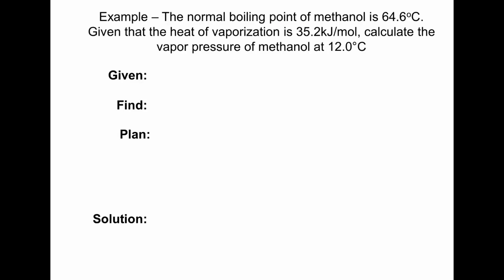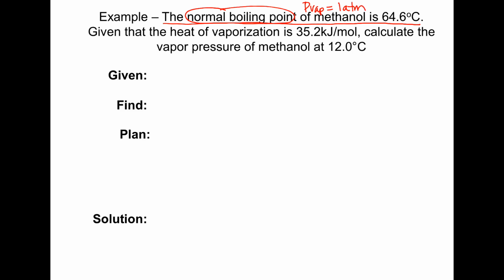So let's do a little example problem here. It says the normal boiling point of methanol is 64.6 degrees. Now, recall that normal boiling point means that the vapor pressure is equal to 1 atmosphere.